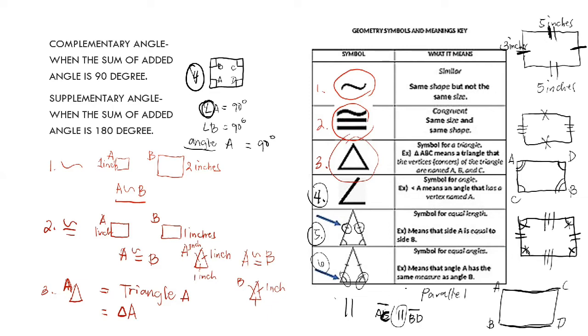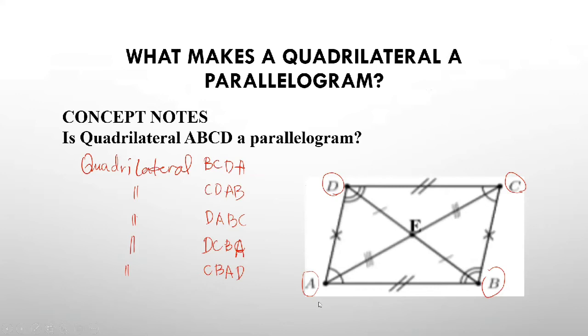Okay? Now, let's proceed with our next slide, which is what makes a quadrilateral a parallelogram. So, is quadrilateral ABCD a parallelogram? So, how can we identify if this one is a parallelogram? So, yan yung ating gagawin later on using the properties.